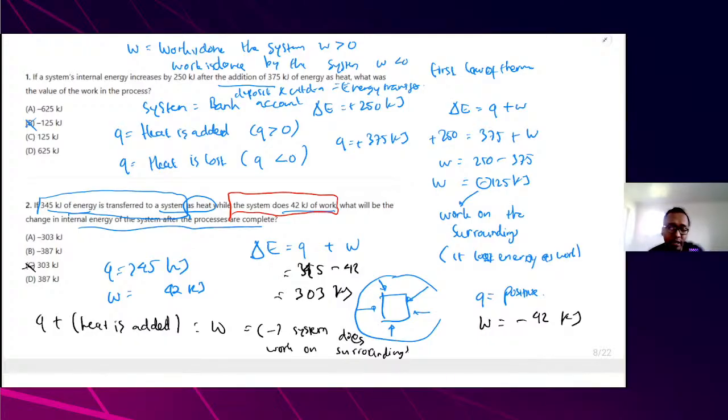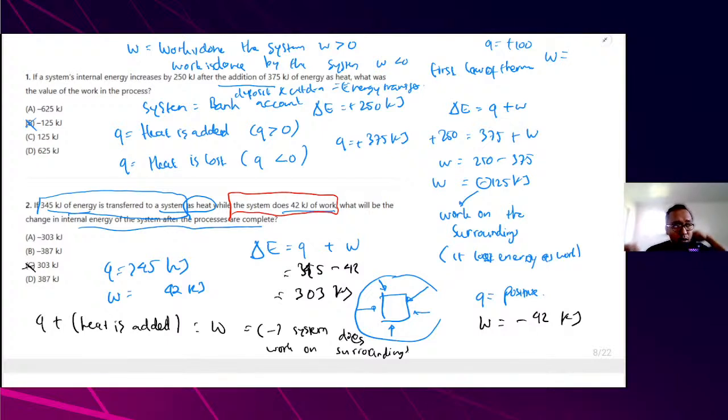In a real life scenario, you receive $100 as a birthday gift, for example. So Q is plus $100. You pay for groceries, like $30. So you pay something else.